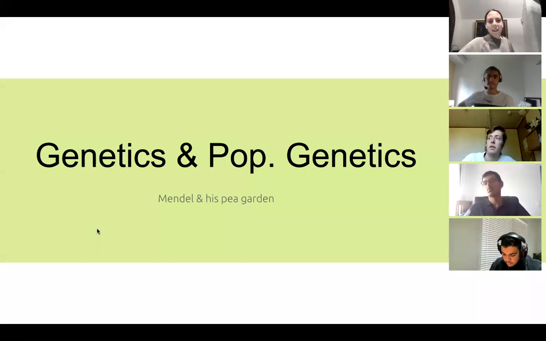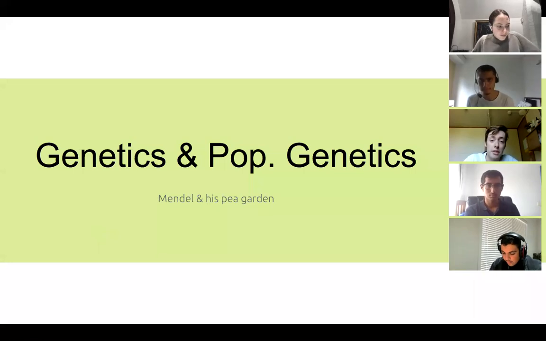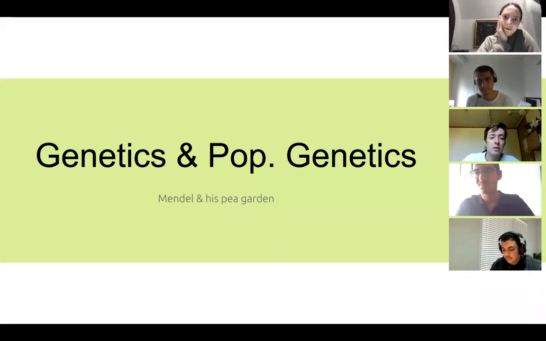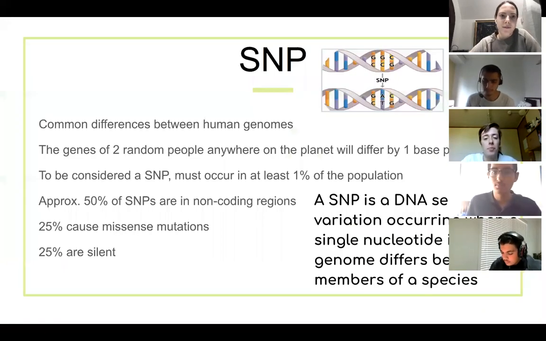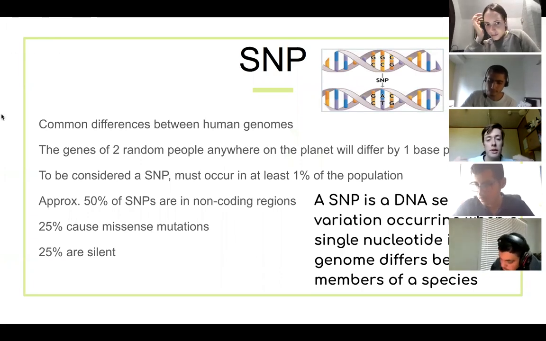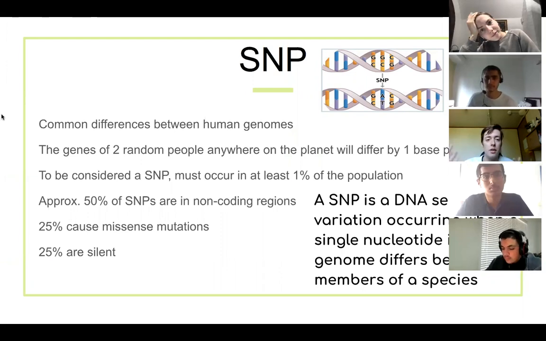Okay, so this week you will be doing genetics and population genetics. The first big thing that is important to know is a SNP. A SNP is a common difference between human genomes.